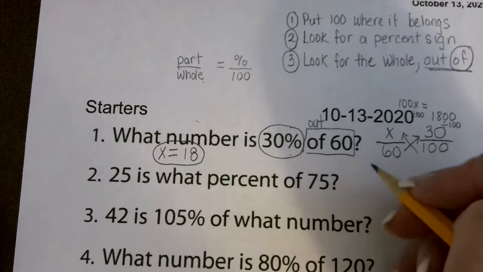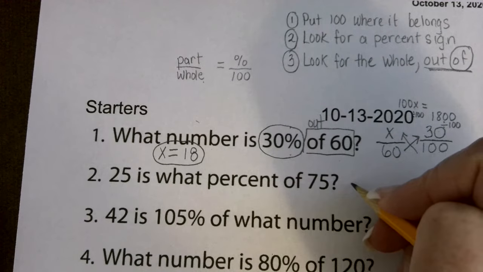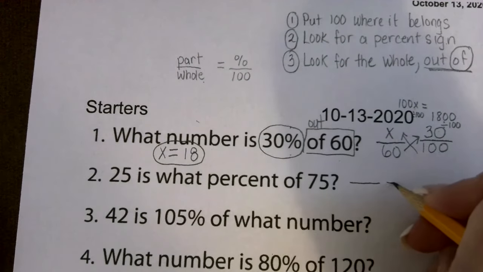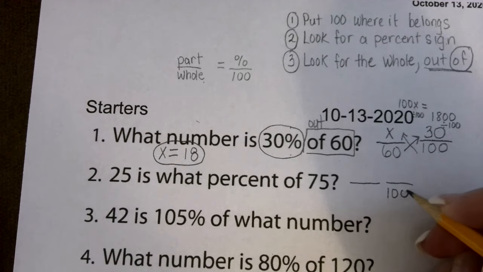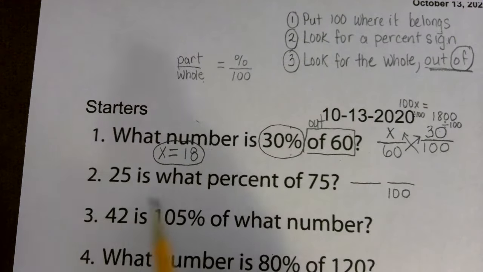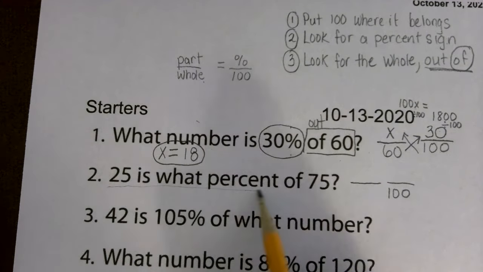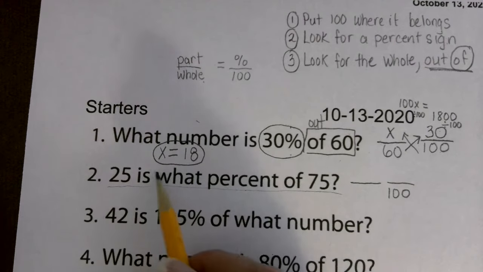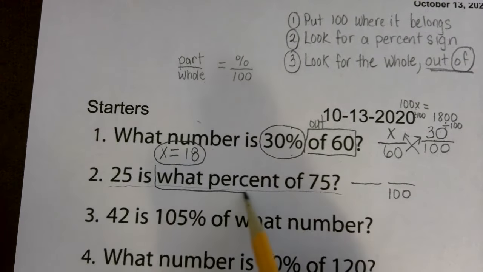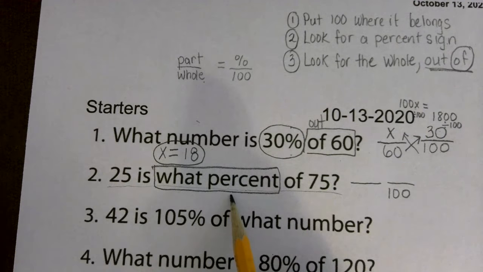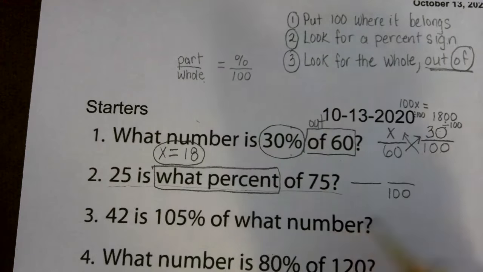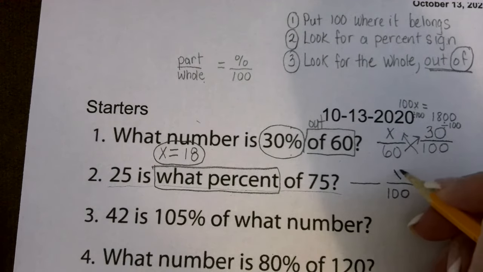On number two, we are setting up our proportion. We're putting the 100 on the bottom right. We're looking for a percent sign or the word percent, and this says what percent? If it says what percent, that means that's the thing that we don't know. So that's where the x goes, over 100.